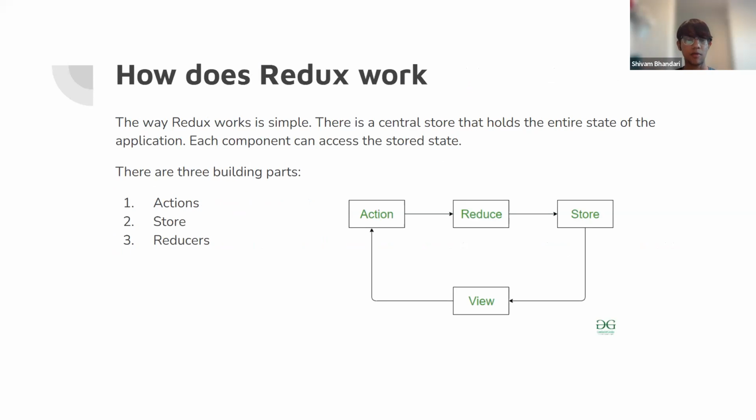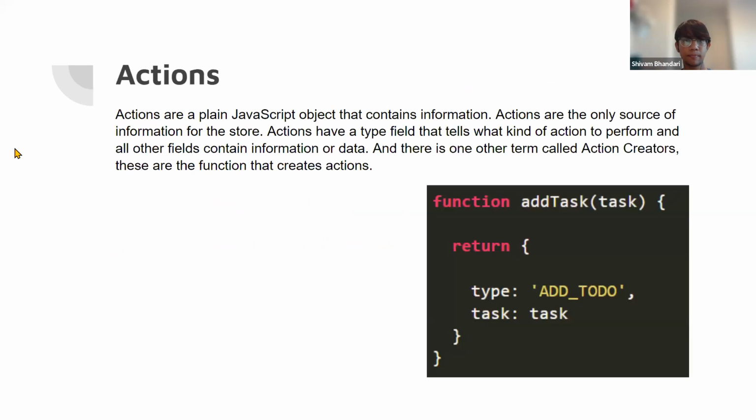So this is how Redux works. There are 3 building parts: actions, stores, and reducers. Actions are basically just JavaScript objects that will be a source of information for the store.